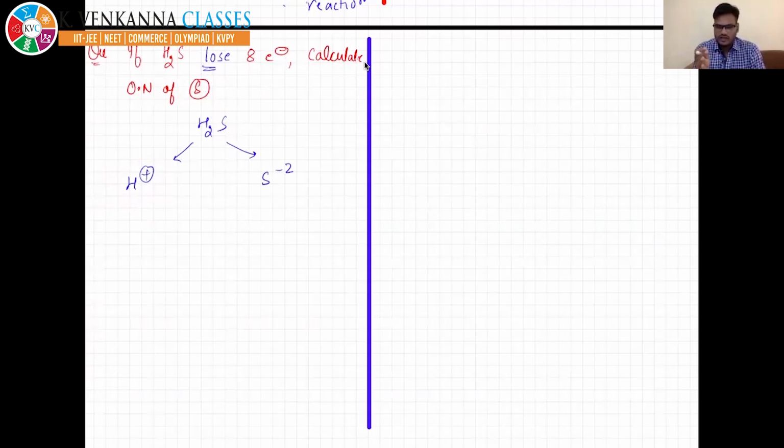So there is only one case, that sulfur has to lose electrons. If it loses 8 electrons, then it will become S plus 6. So the oxidation number of sulfur is +6. Did you get it? Please quickly respond.